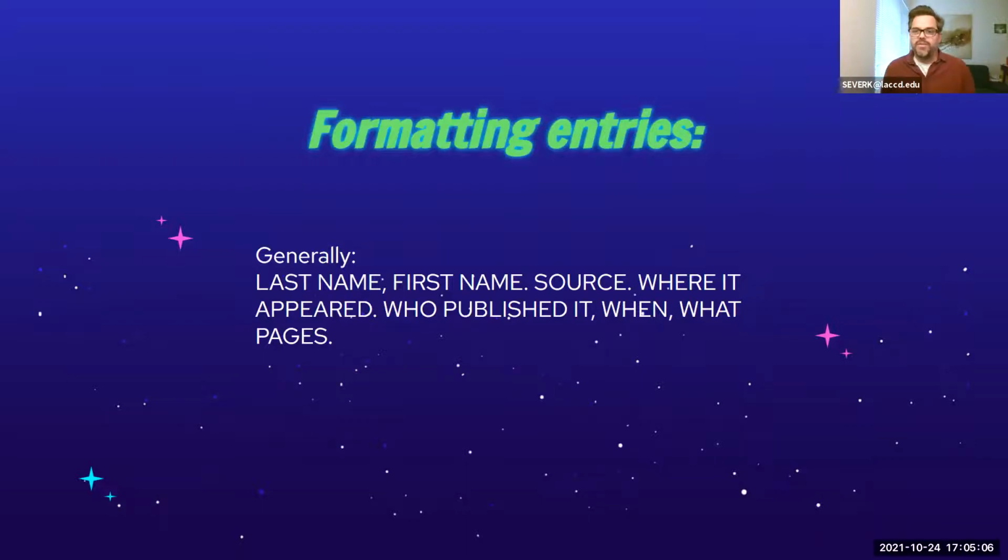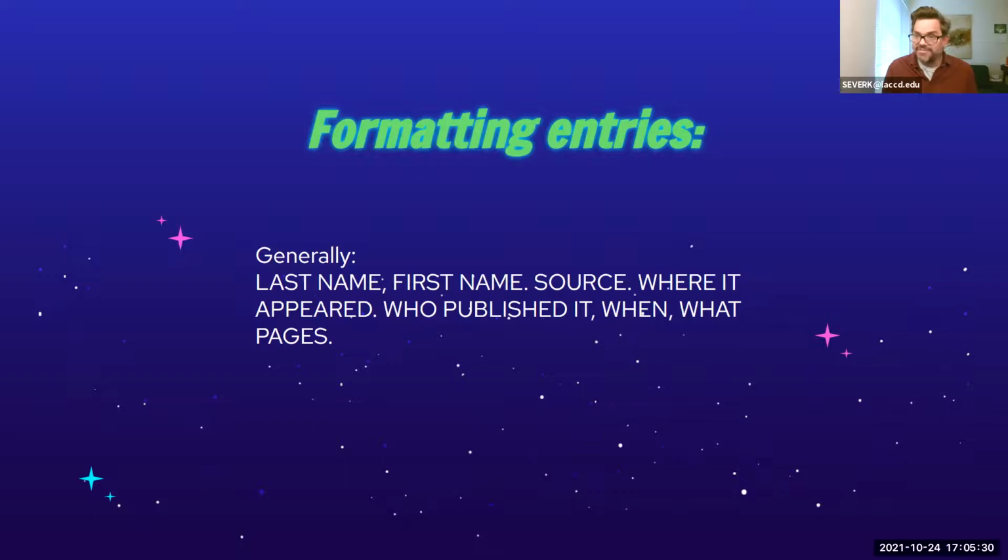So, like I said earlier, there's lots of exceptions to this. There's lots of variations on these rules, but generally, your format on your works cited page for all your resources will look like this. The last name and first name of the author, separated by a comma, then a period. The source.